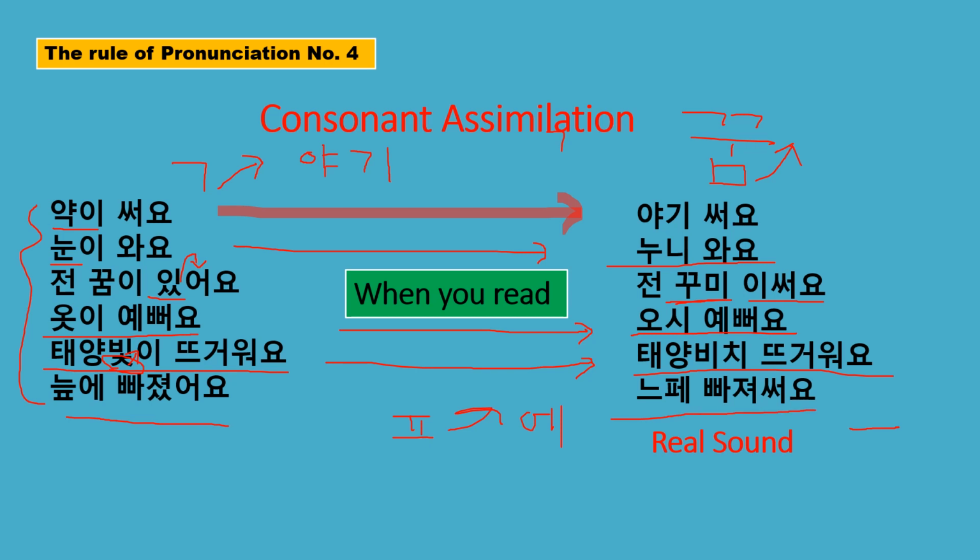And here the double 쌍시옷 jumps up as well. Okay? 늪에 빠졌어요. I'm going to cover the consonant assimilation in more detail in the next video. Alright?